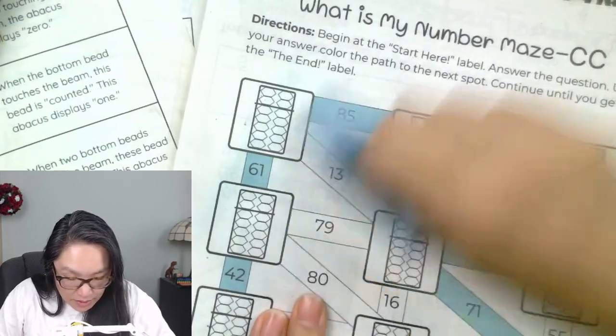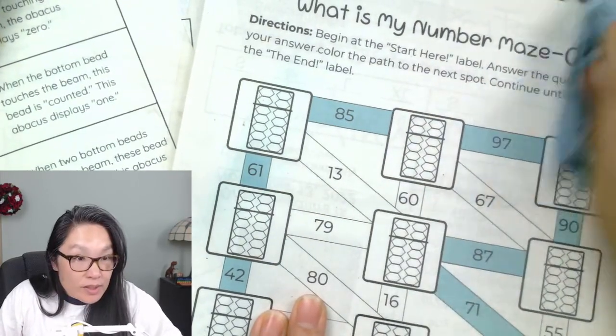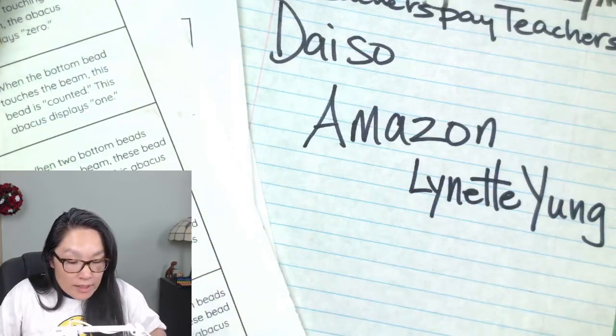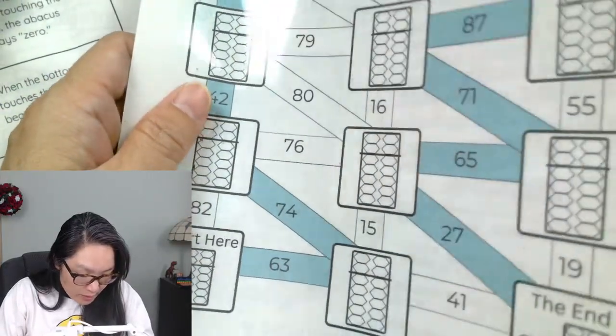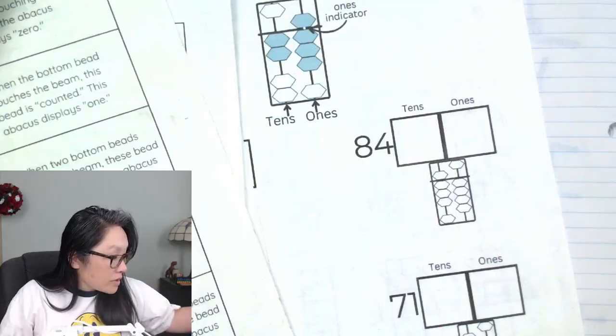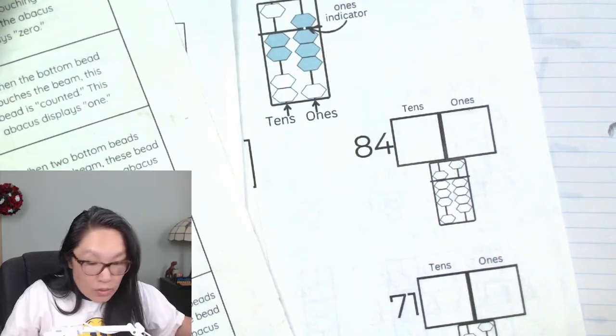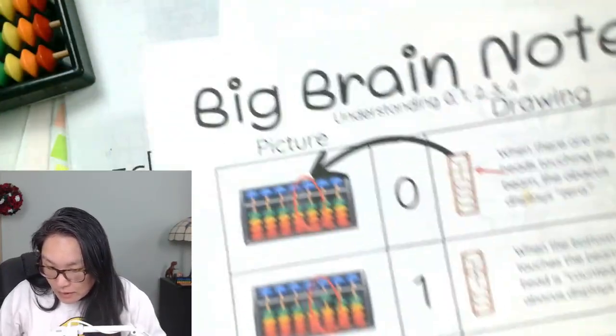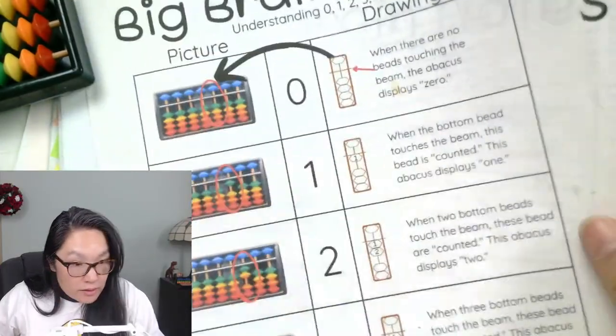But if anybody else has any other questions, it seems like a very small group. Is there any specific questions, like anybody want to talk about adding and subtracting on the abacus, or you want to go through some of the worksheets, or anything? Welcome.